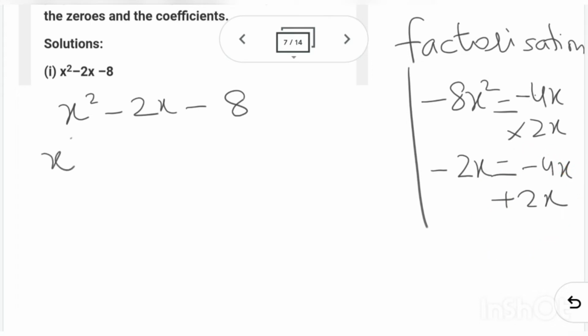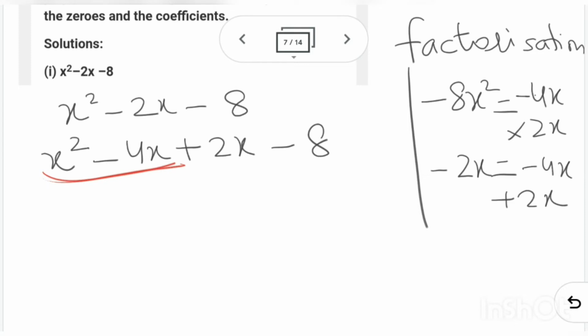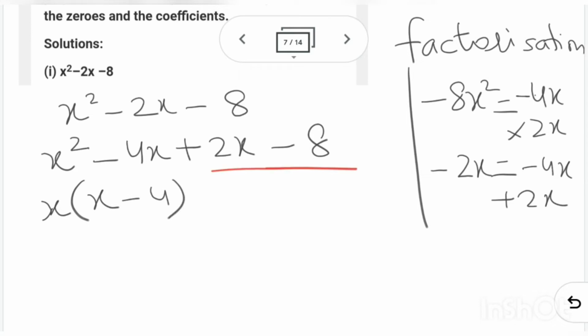So we write x square minus 4x plus 2x minus 8. Taking x common from the first two terms, we get x in the bracket, and we are left with x minus 4. Similarly, taking 2 common from the last two terms, we get x minus 4 in the bracket.